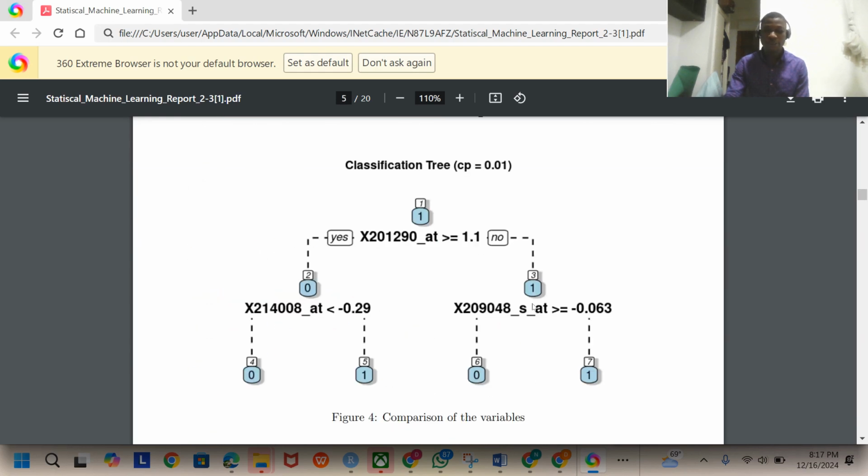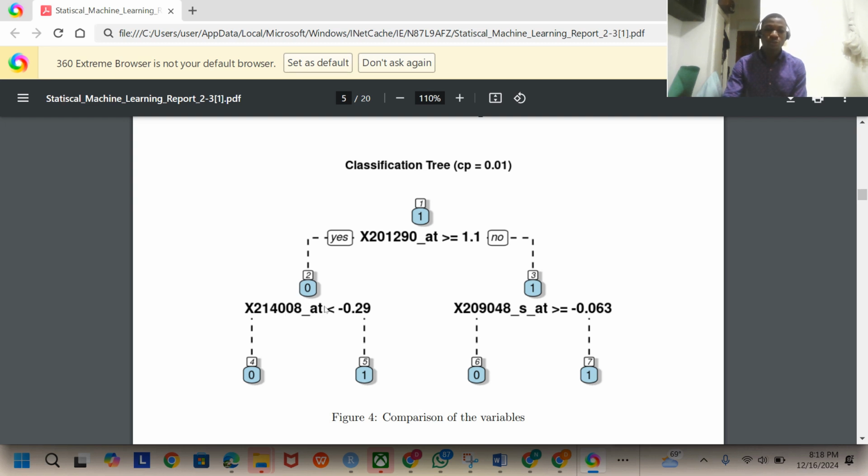So I went further. My threshold was 1.1, which shows that if this feature is greater or equal to 1.1, it means yes to my left and no to my right, depicting that the person does not have it. Then here I further split the data into 2.